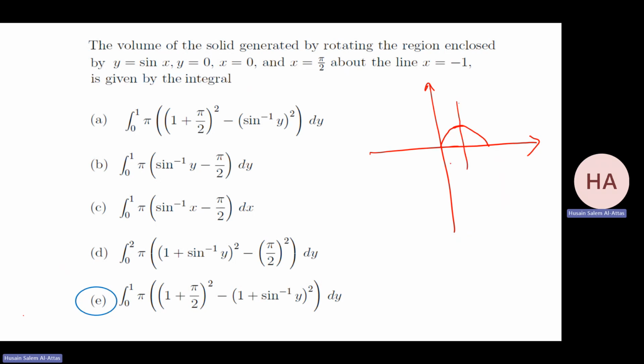This is pi over 2. I want to rotate it about the line x equals minus 1. Be careful now. About the line x equals minus 1, to be perpendicular. This is my area, by the way.